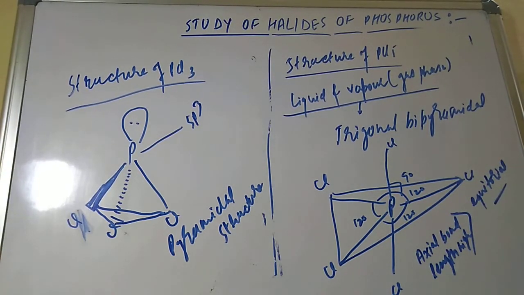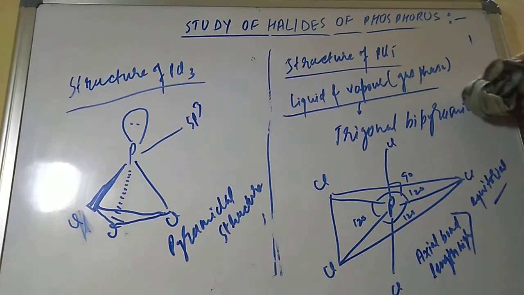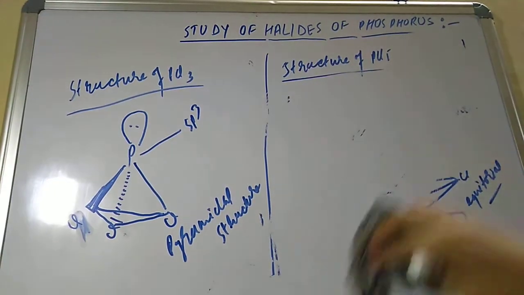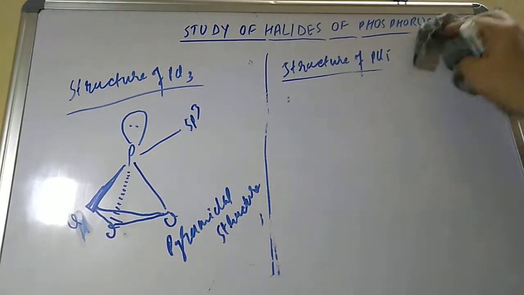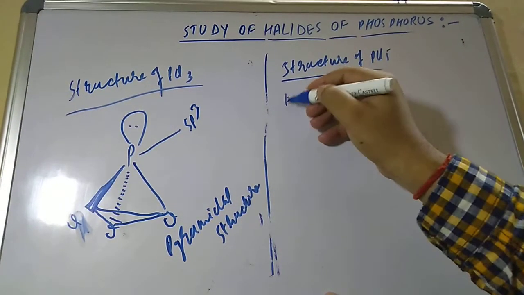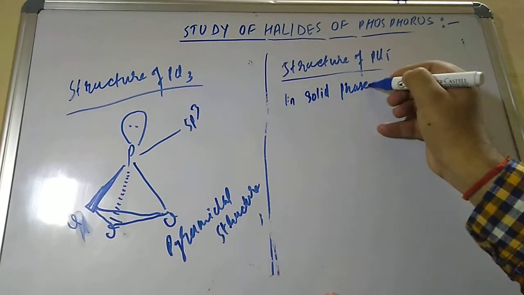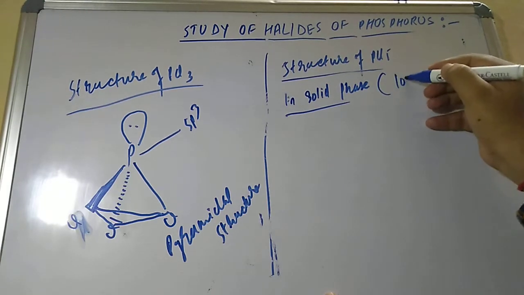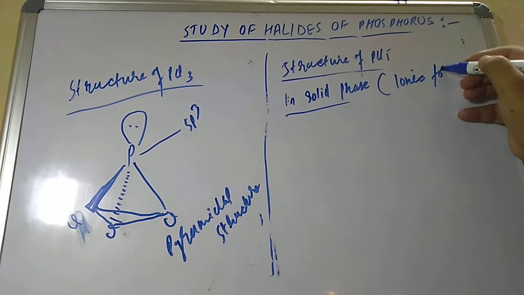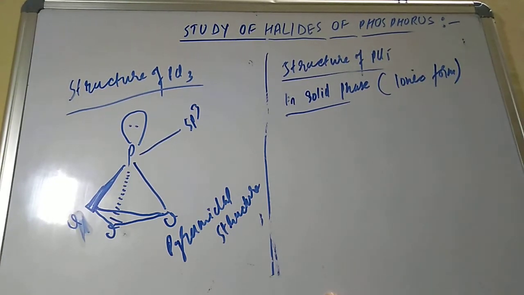Now the next one, the structure of PCl5 in the solid phase. In the solid phase it actually exists in ionic form. What is the meaning of ionic form?